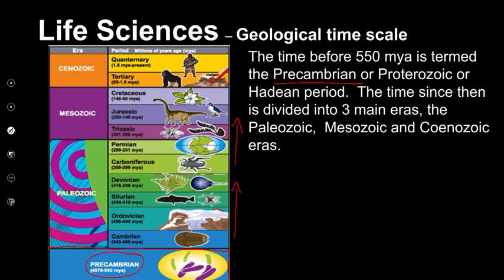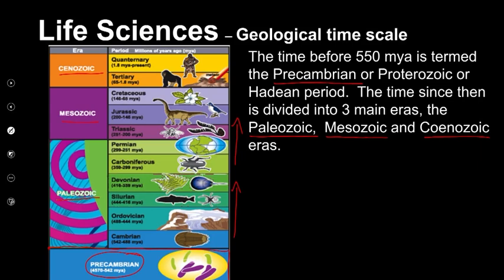And there are three main eras. The Paleozoic era, which is your very primitive animals, the Mesozoic, which is when dinosaurs ruled the earth, and the Cenozoic era, which is the last 60 or so million years.